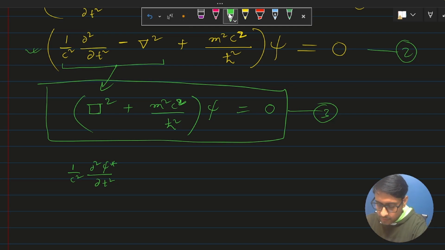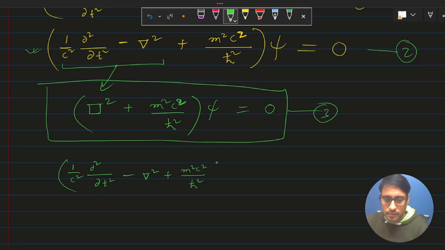So now after correction we have 1 over c square, minus del square plus m square c square over h bar square, okay. So only this is going to be the conjugate, equals 0.